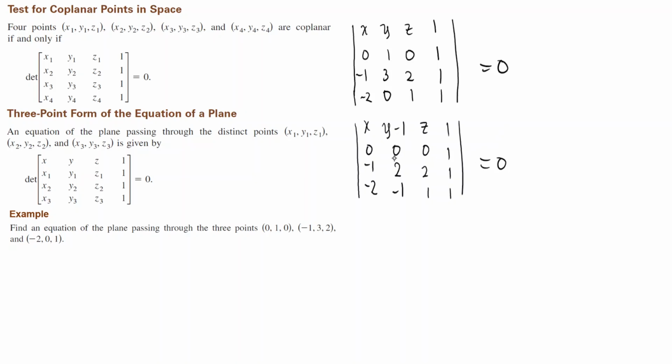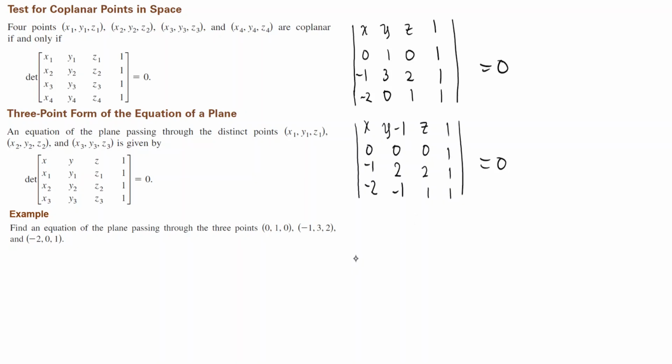Next, we'll do the cofactor expansion in this row, row 2, so we have here 1. This position is positive, negative, so that's positive.